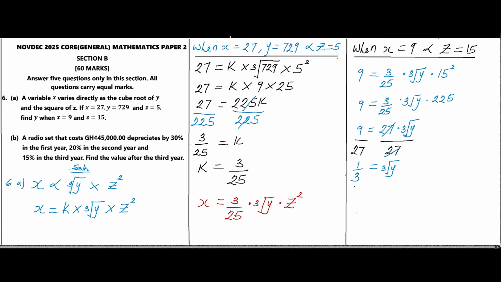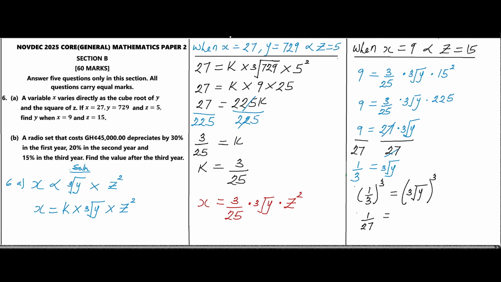We are looking for y, so what do we do? We need to take the cube on both sides. So on the left we have 1 on 3 all cube, and this must be equal to the cube root of y all cube. So 1 out of 3 all cube. 1 cube is 1, 3 cube is 27.